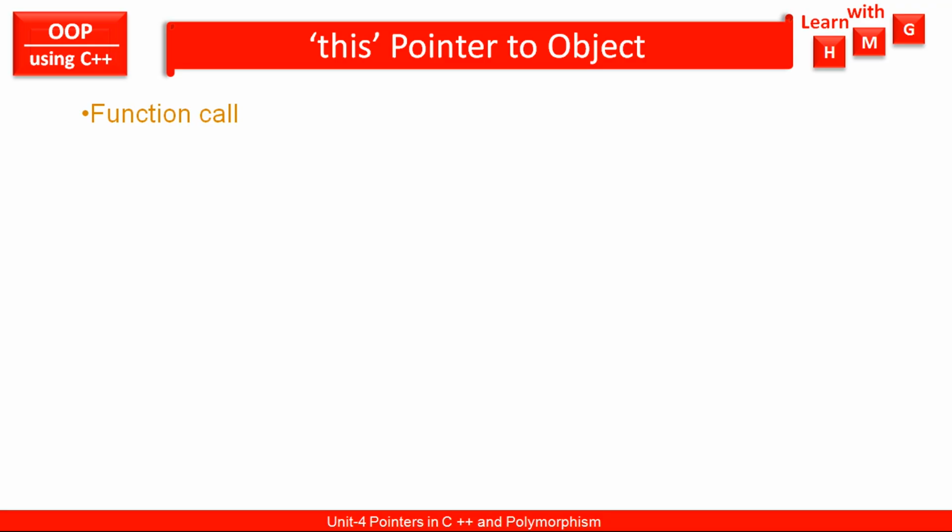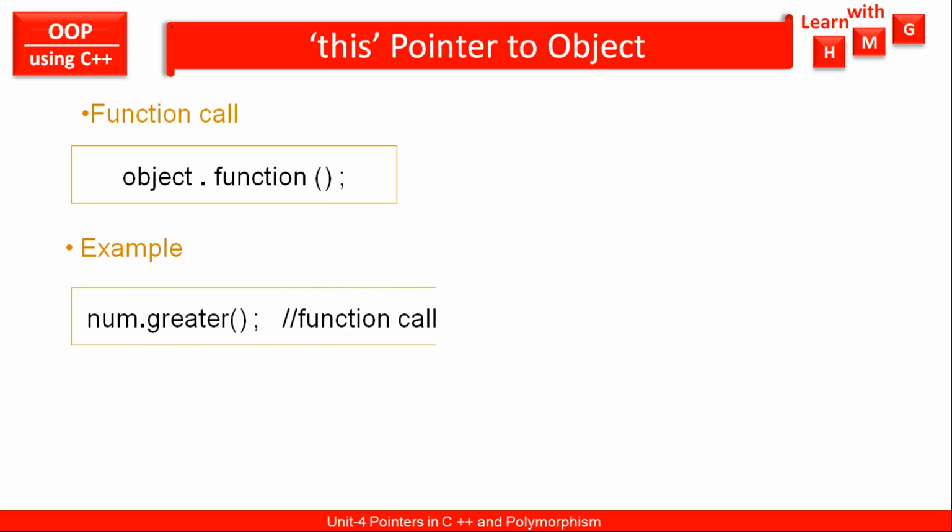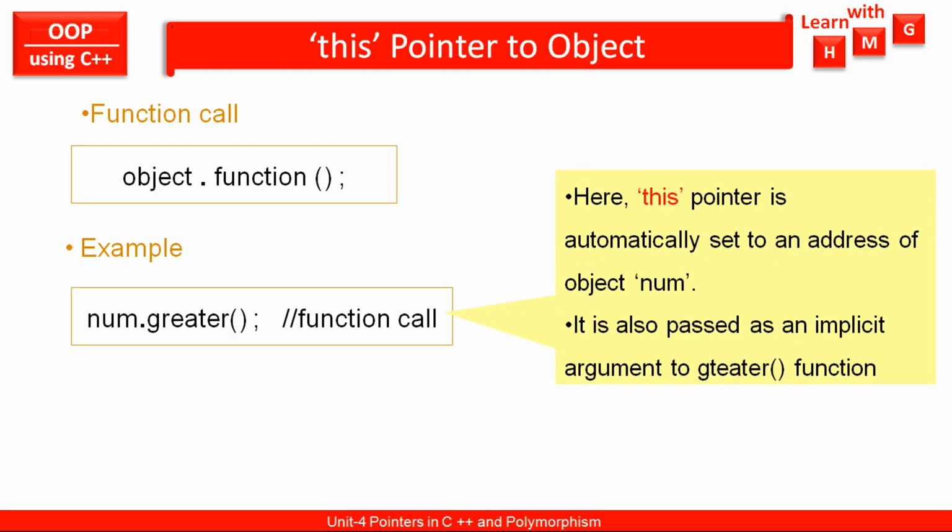Now let us see how it works during the function call. So normally we are calling a member function like this, that is object dot function. For example, num dot greater. This is the function call where num is an object and greater is a member function, and using the dot operator the num object is calling the greater function. Now here in this example, this pointer is automatically set to the address of object num.